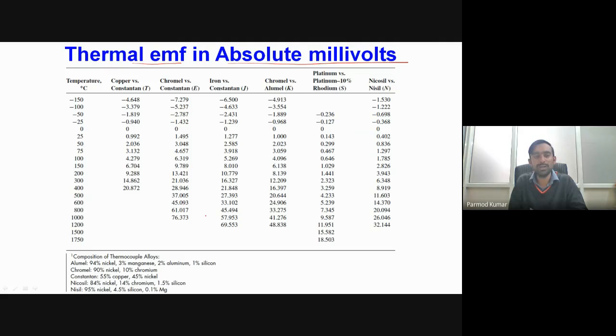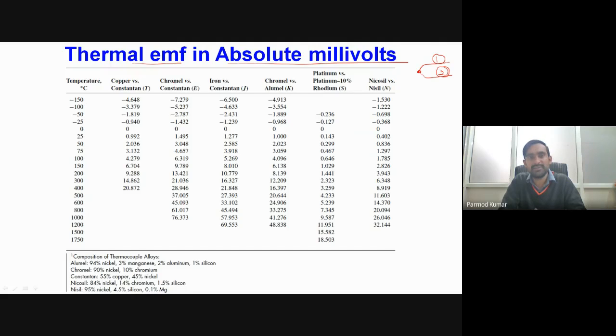As I have told you, for temperature measurement we have to consider two different materials, one wire of one material and another wire of a different material. That's why the table of thermal EMF as a function of temperature is given for a specific arrangement of the two materials. For example, the first one is between copper and constantan: one material is copper, and the second wire is constantan.